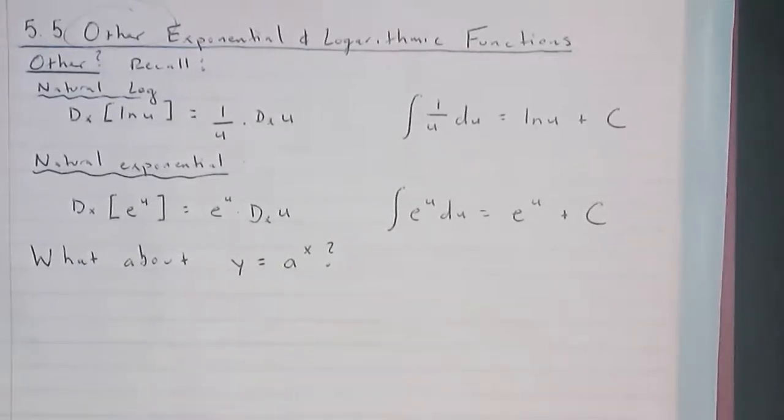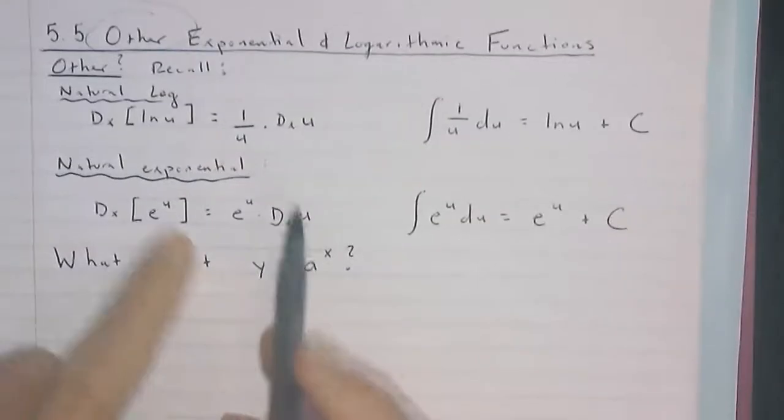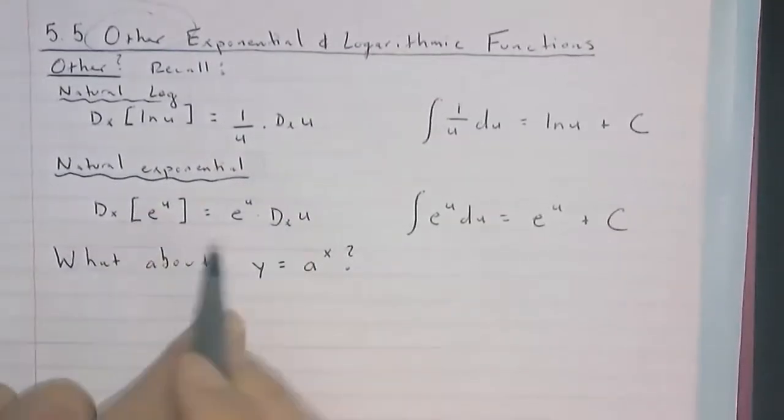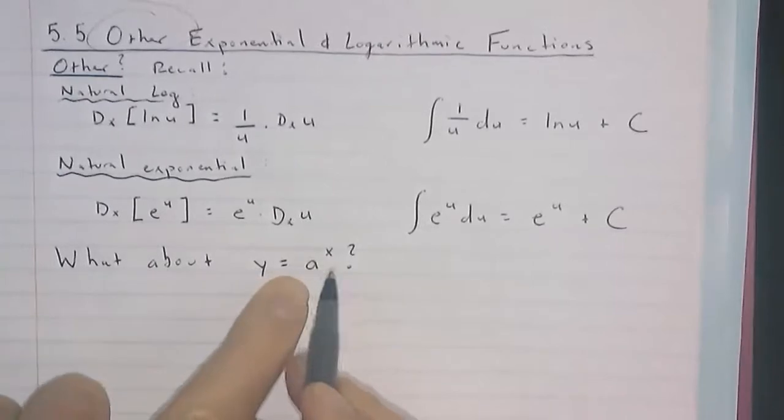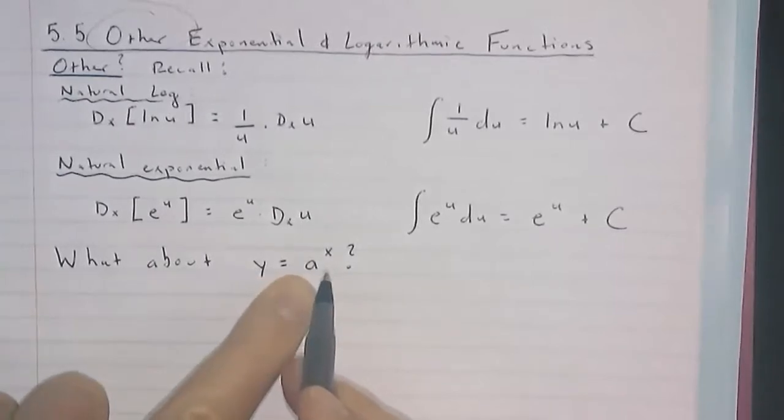Before we do that, we're going to recall something that we saw on Friday, which is that we had a pretty funny way to define a to the x if we wanted to.